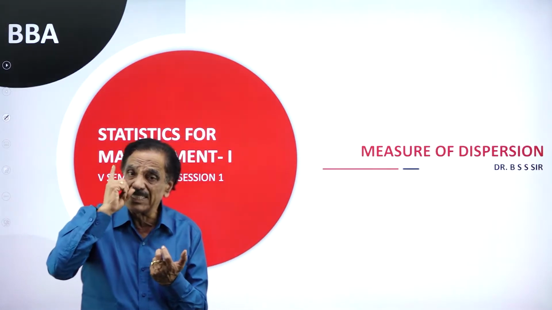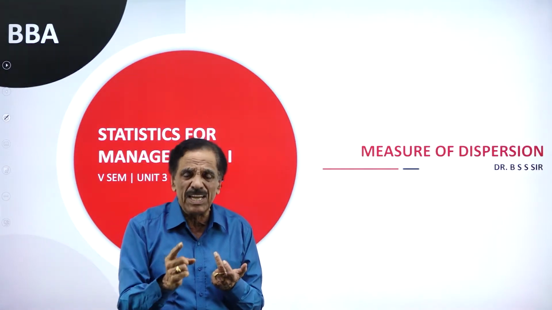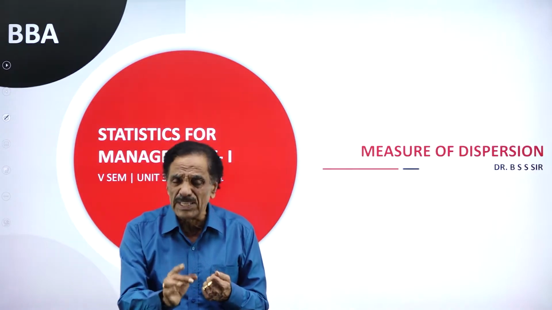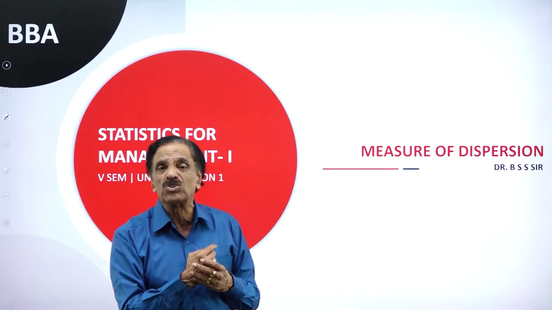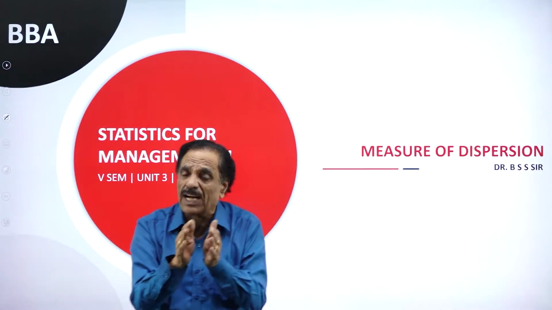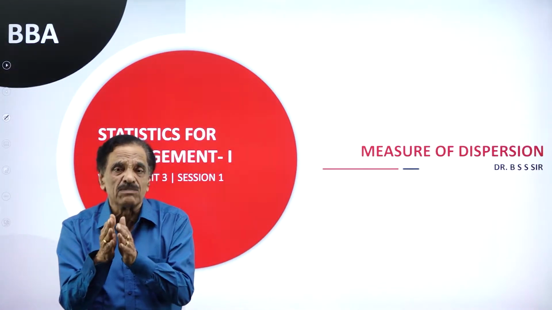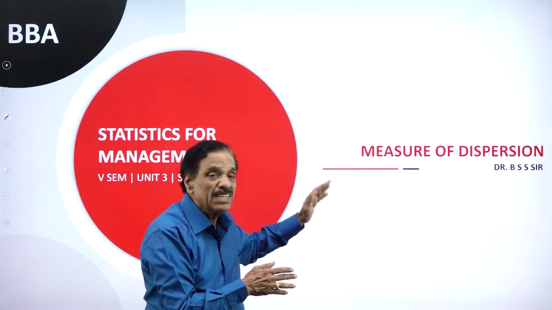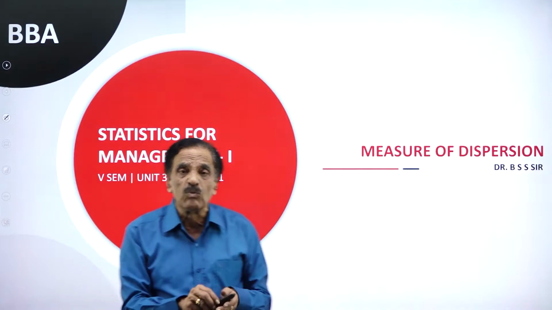Number two, standard deviation. Number three, coefficient of variation. Number four, skewness. In skewness, there are two types you are going to study. One is Bowley's skewness, B-O-W-L-E-Y. The second one is Karl Pearson's skewness. We are going to cover that under this chapter. We will go slowly, one by one.